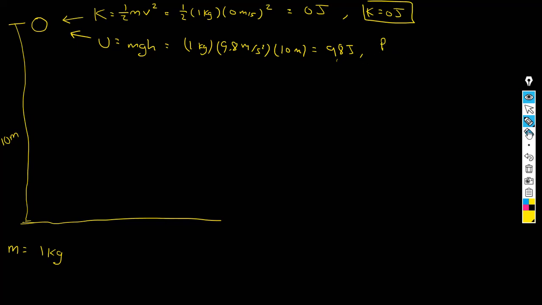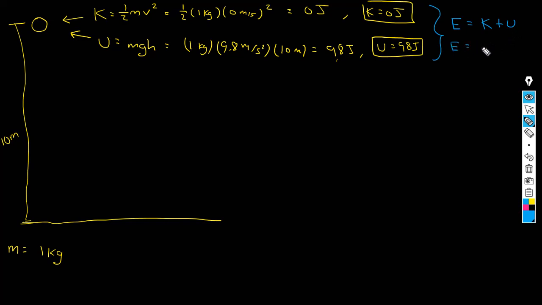So the potential energy of the ball is 98 joules at this particular location. Now that we know these two things, let's find the total mechanical energy, E, which, as you may remember, is the kinetic energy plus the potential energy of the particle.